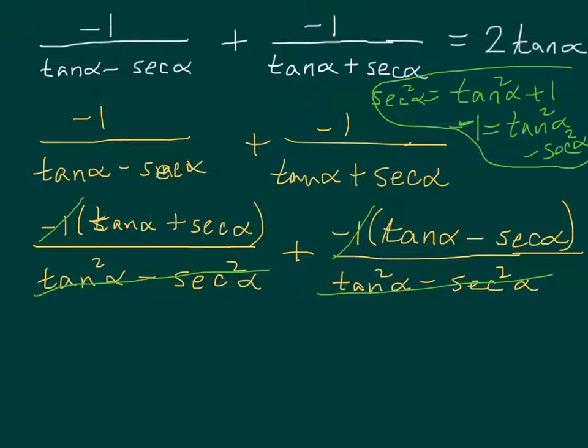So the secant alphas would add to 0, secant alpha minus secant alpha, and what's left then is 2 tangent alpha, and that's exactly what we needed to come up with to verify this identity. Hope that helps. Let me know if you need another one.